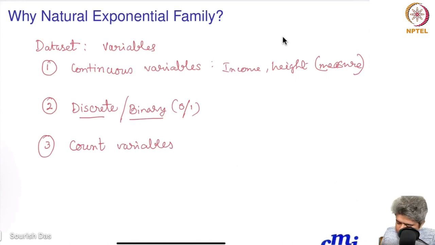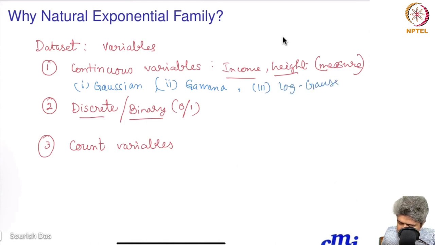Now typically, how can you model continuous variables like income and height? The models for continuous variables are typically Gaussian distribution, then there are gamma distributions, then log Gaussian distributions. So a bunch of distributions come into play.